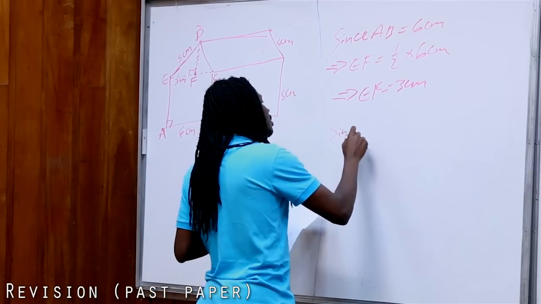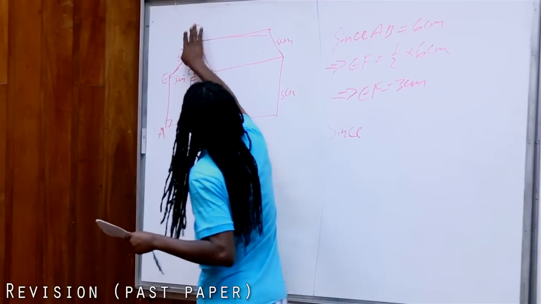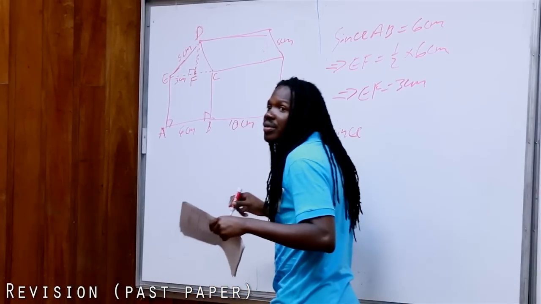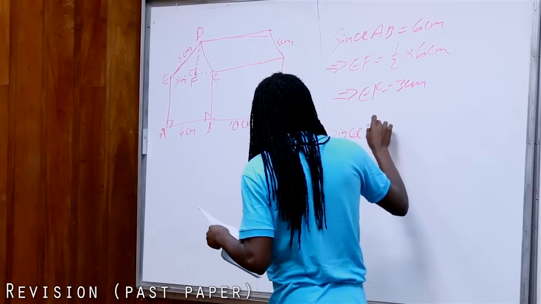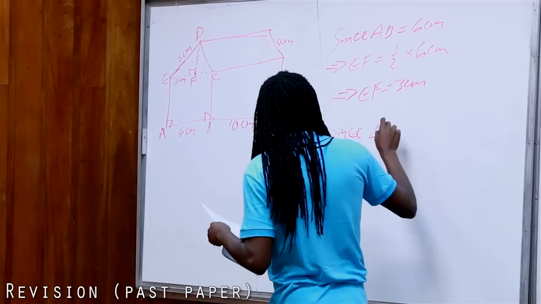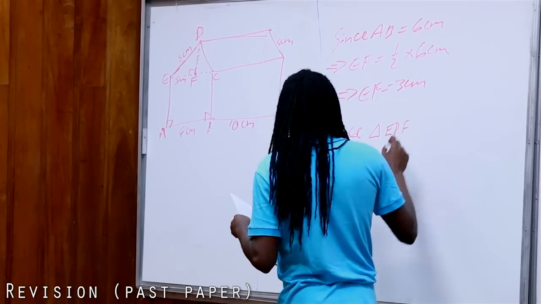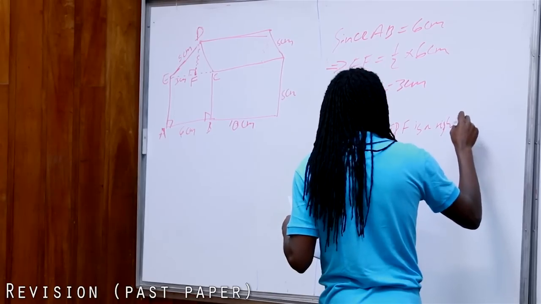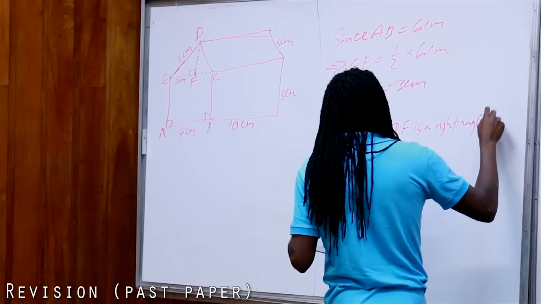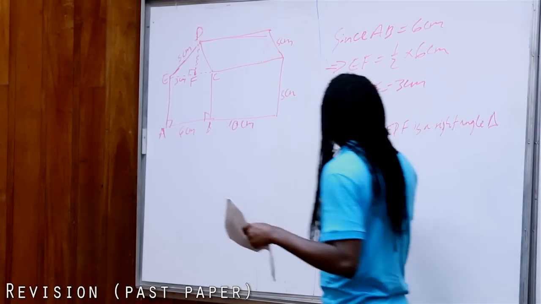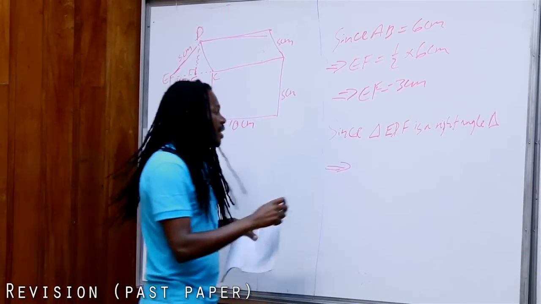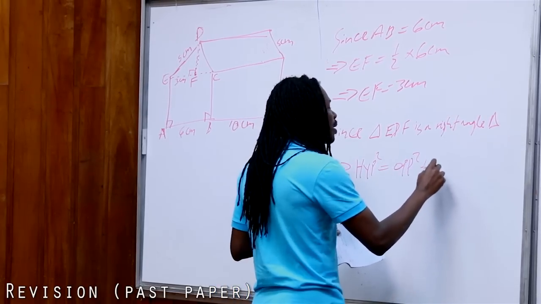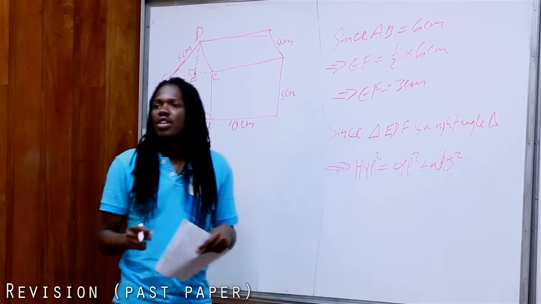Since triangle EDF is a right angle triangle, it implies that hypotenuse squared equal to opposite squared plus adjacent squared.